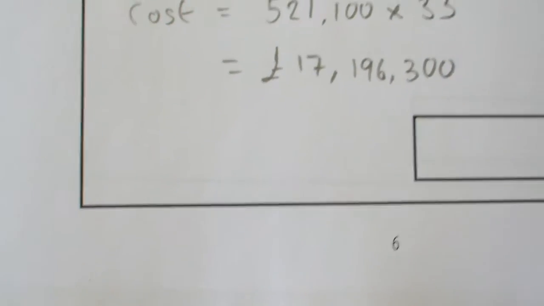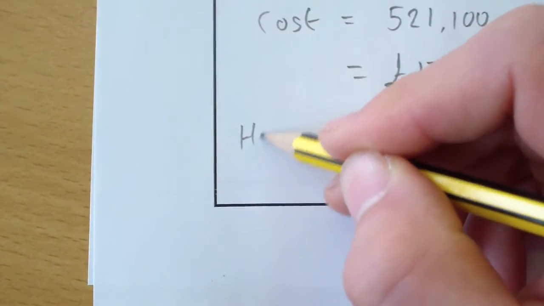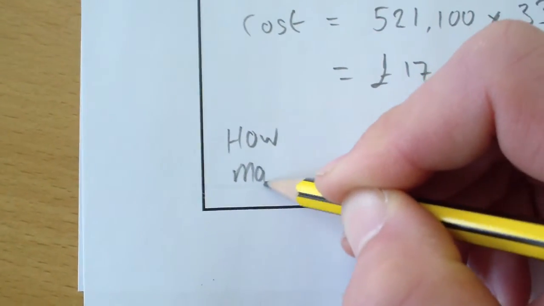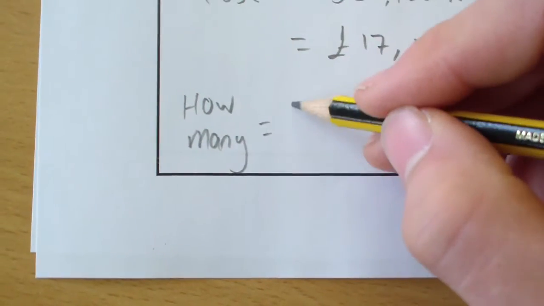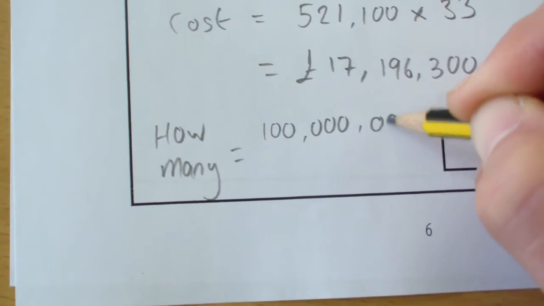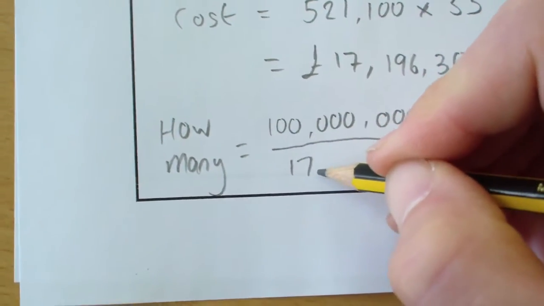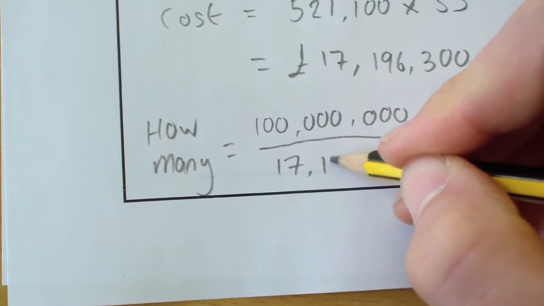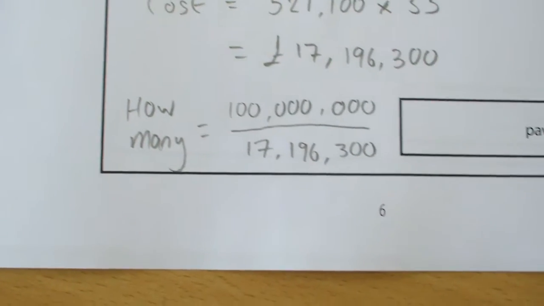So the last thing to do now is to calculate how many we can buy. And we're going to do that by dividing 100 million by 17 million, 196,300.